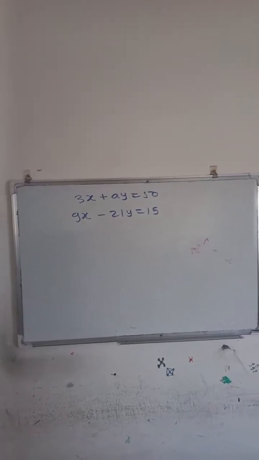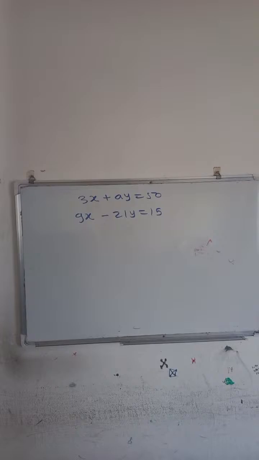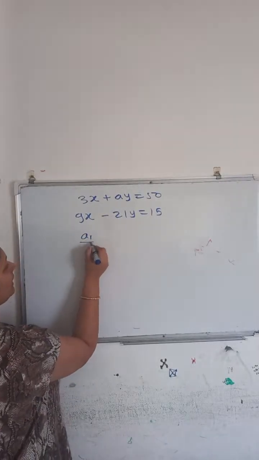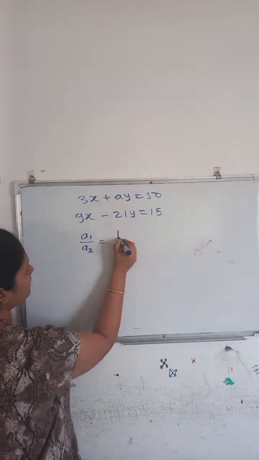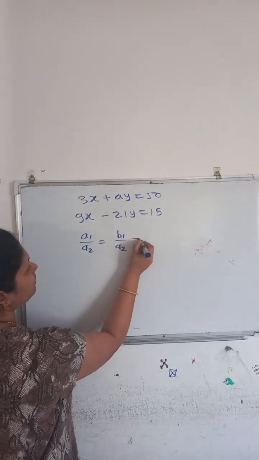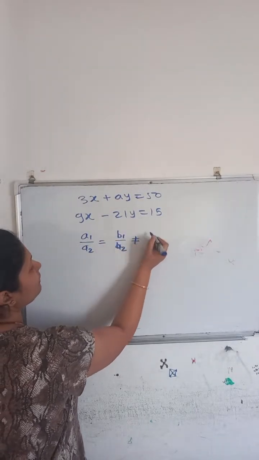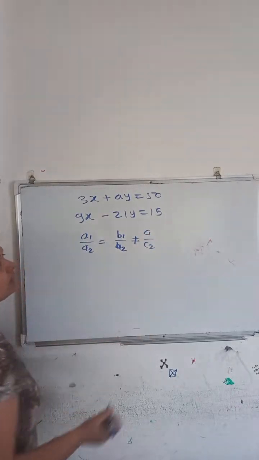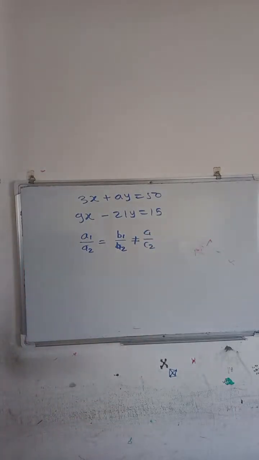They are saying these are parallel lines, correct? And we know the condition for parallel lines: a1 by a2 is equal to b1 by b2, but it is not equal to c1 by c2. Correct? This is the condition for parallel lines.